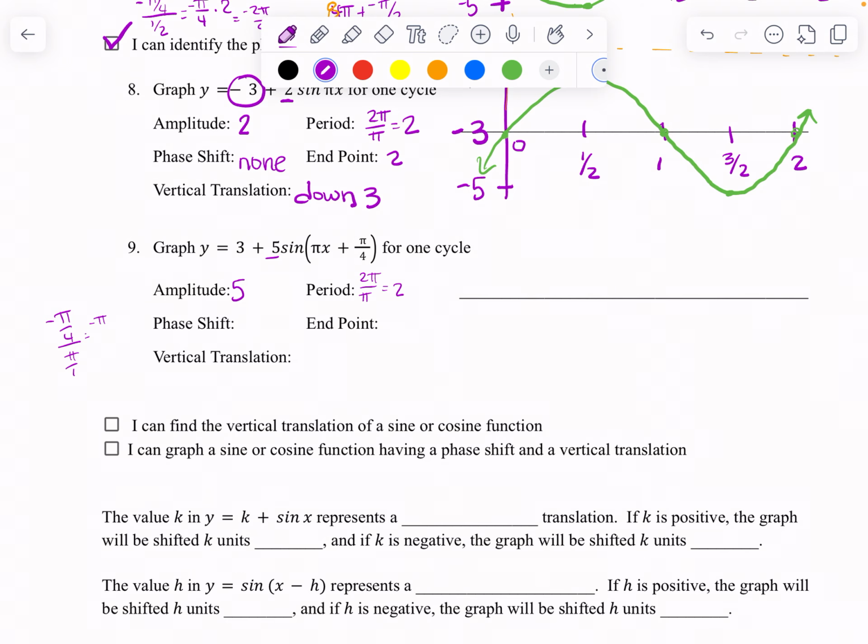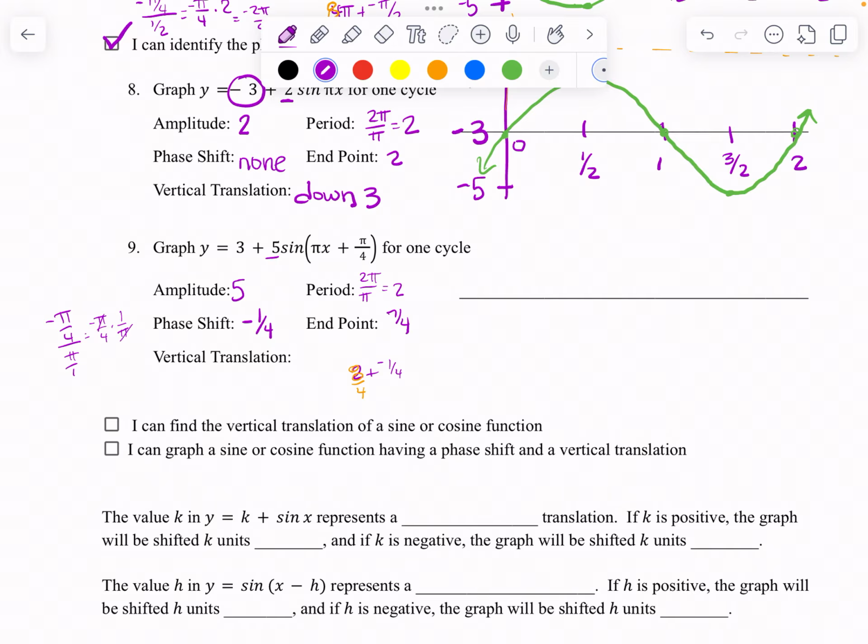So negative pi over 4 times 1 over pi. Pi's are going to cancel, so my phase shift is negative 1/4. My endpoint, 2 plus a negative 1/4. Times it by 4, so 8/4, so 7/4.